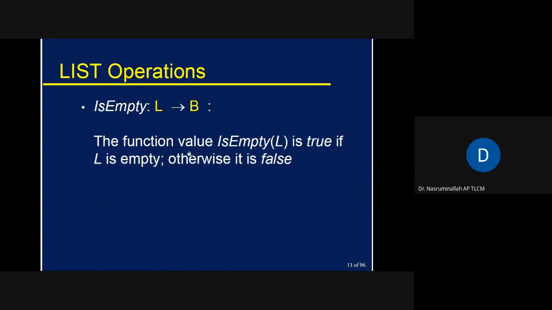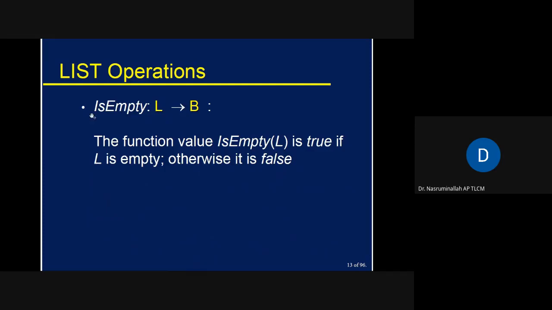Similarly, there is another operation that is isEmpty. The isEmpty operation is used to check whether the existing list is empty or not. This is very important because we will later see that during performing different operations, you might need to check whether the list is empty or not, because the operation performed on the empty list might require a different strategy than that applied on a non-empty list.